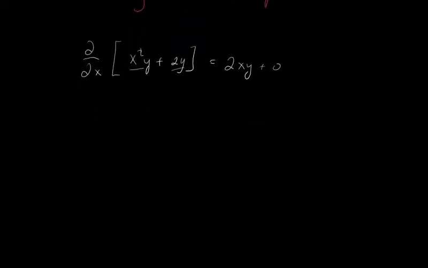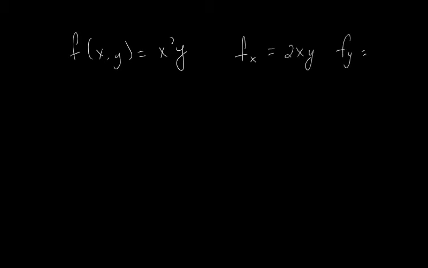So for example, if I've got f of xy equal to x squared y, we'll just use that again. Then if I take the partial derivative with respect to x, I get 2xy. If I take the partial derivative with respect to y, I get x squared. So if I were to integrate f sub x with respect to x, I should get the same thing that I would get if I integrated f sub y with respect to y, because they're going back to the same function.